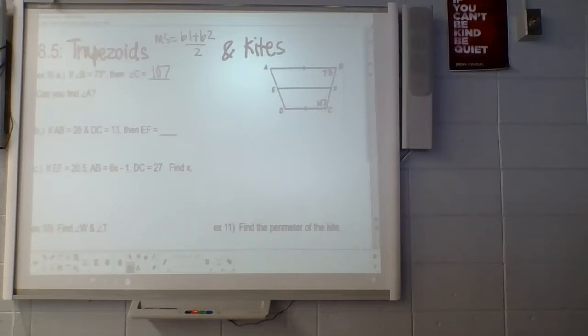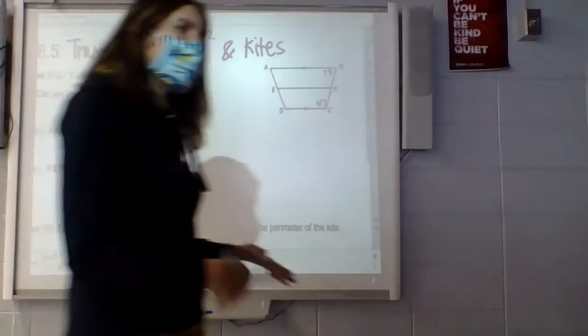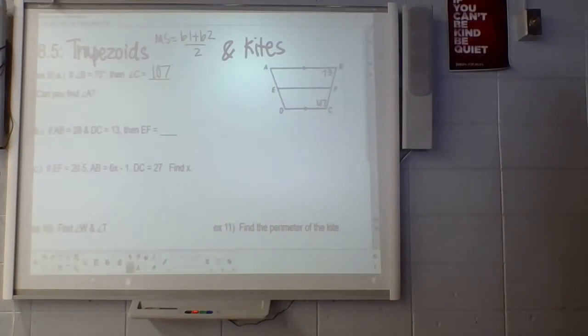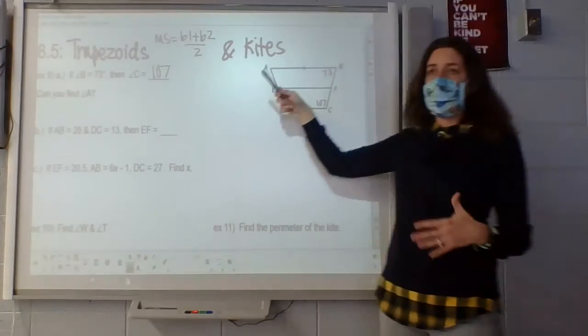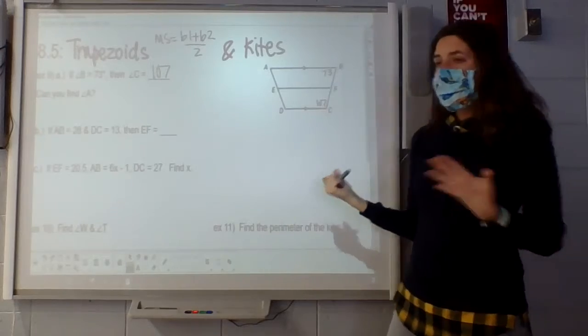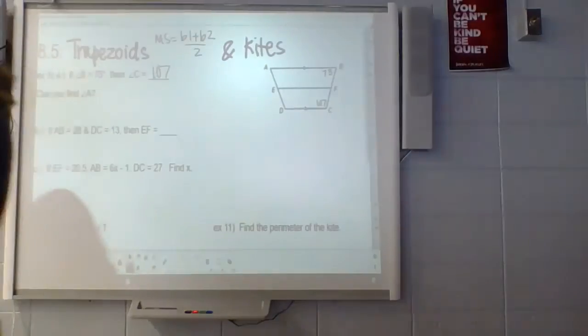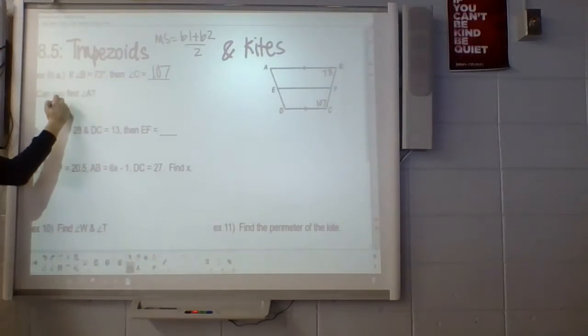Do we know what A is? For sure, do we know what A is? No, we don't necessarily know that this is an isosceles trapezoid. If it's just a regular trapezoid, A and B don't have to be equal. So at this point, since we don't know if it's isosceles, we can't find A.